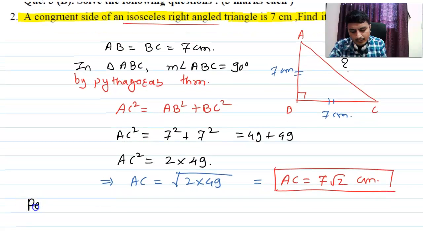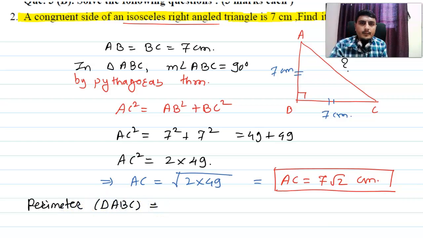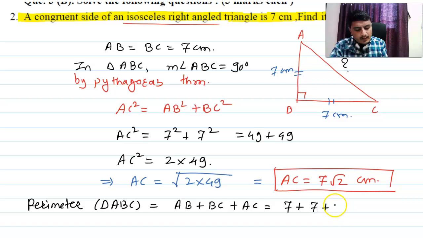Now to evaluate the perimeter of the given triangle ABC. What is meant by the perimeter? Sum of all sides. That means we have AB plus BC plus AC. The value of AB is 7, BC is 7 and AC is 7 times root 2. So 7 plus 7 is 14, we are getting 14 plus 7 times root 2.